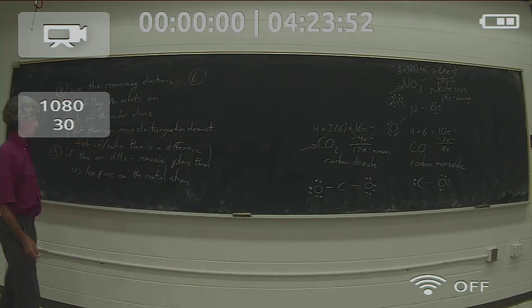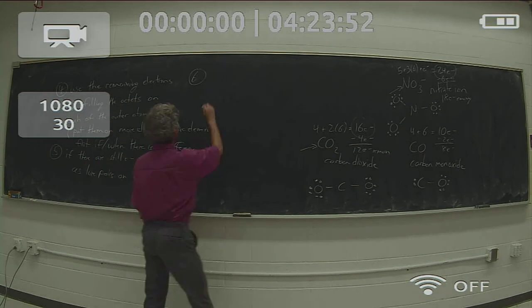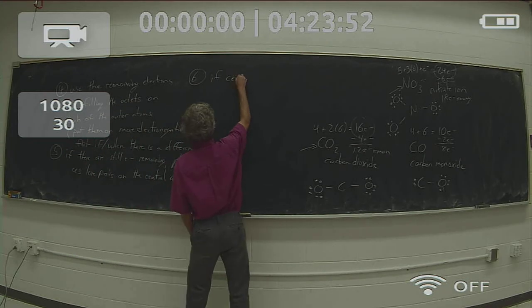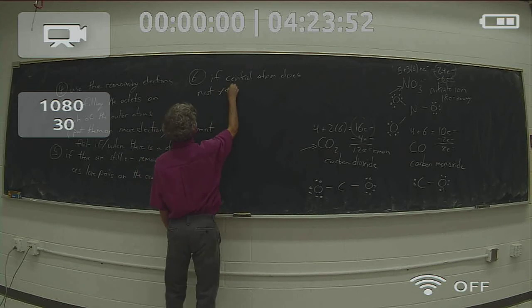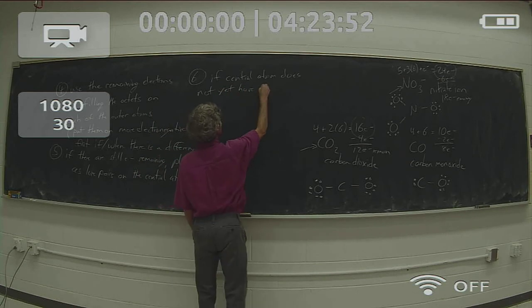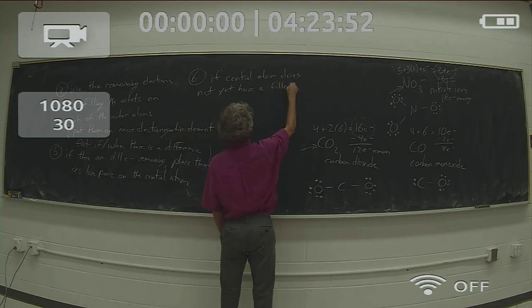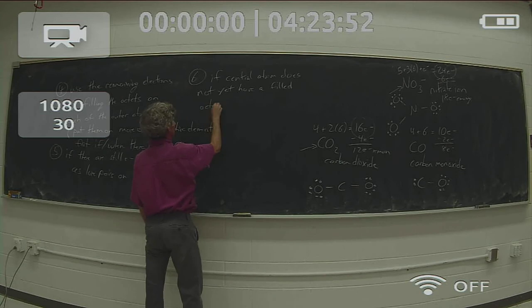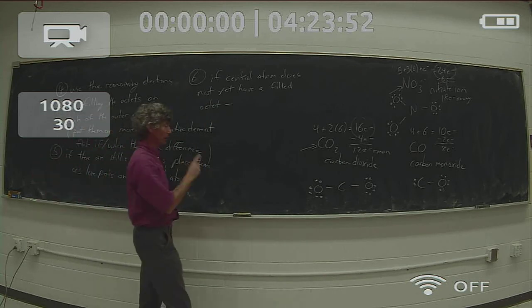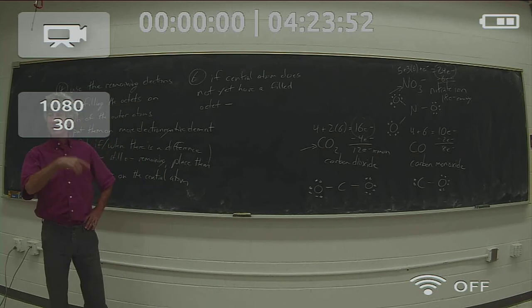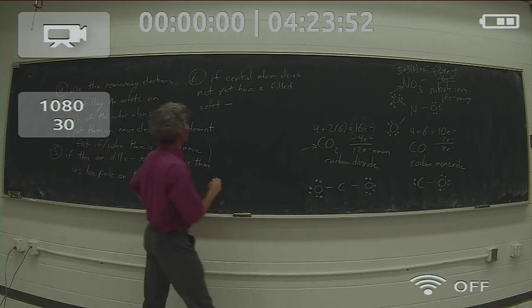So we're going to move on to step 6, which is if the central atom is left without a filled octet, we're going to make multiple bonds by moving a lone pair from one of the outer atoms in to make a bonding pair to make a pi orbital.